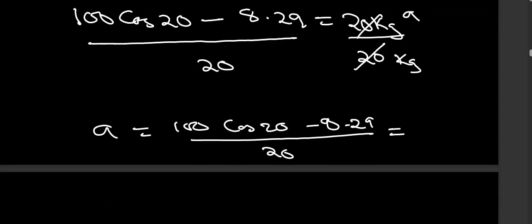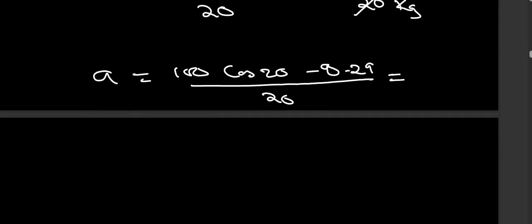So what do you get for this part if you punch it? 4.28. So 4.28 meters per second squared. So this is simply your acceleration.